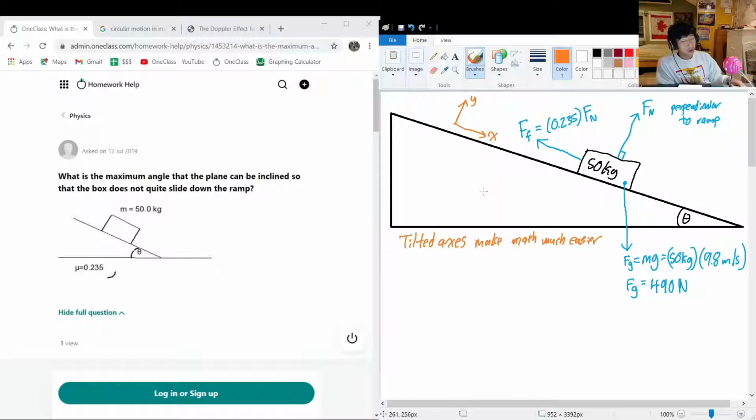But if we had regular axes, perfectly horizontal and perfectly vertical for x and y, we would need to adjust both the frictional force and the normal force, which is a little bit more difficult. So to resolve the gravitational force into components that are perpendicular or parallel to the axes, we would just need something like this. I'll put this in red.